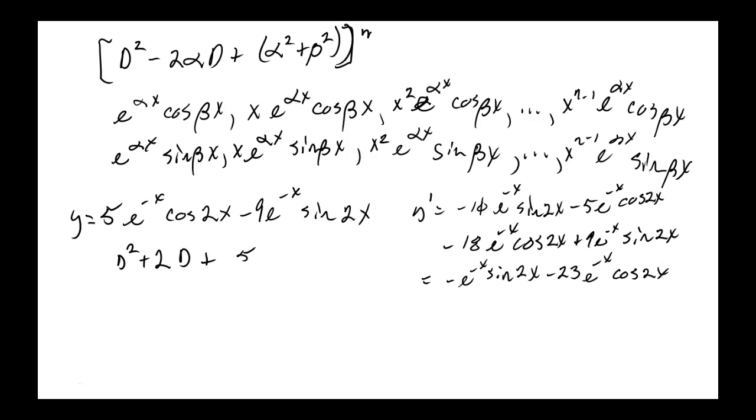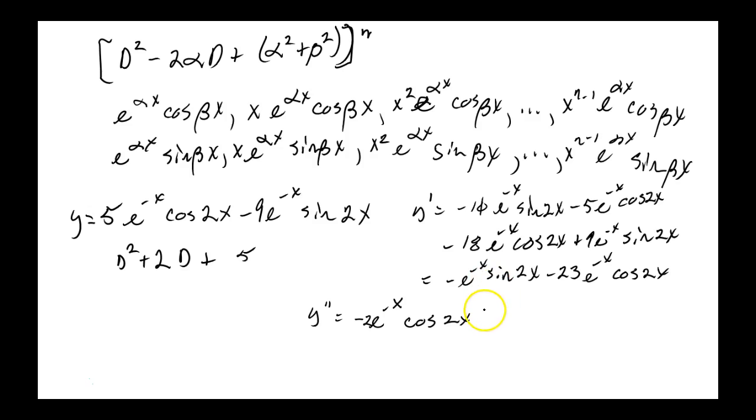I hope I did that one right. Now let's do our y double prime. Take the derivative of this one, which will be the first, which we'll say is a minus e to the minus x with a 2 in front cosine 2x. Okay, that's the first times derivative of the second of the first term there.